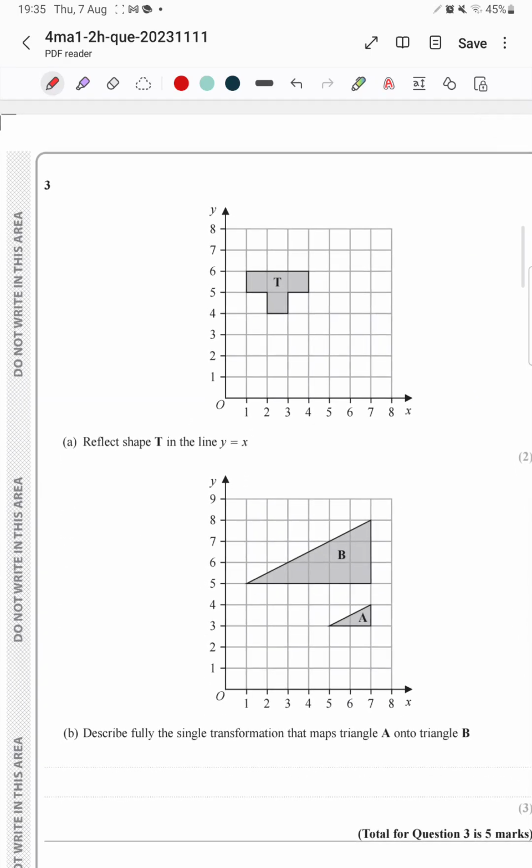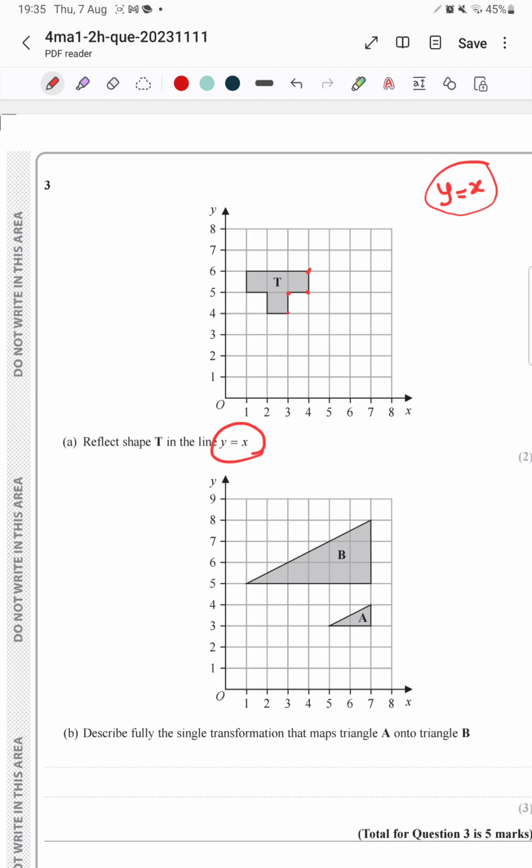This is a quite interesting question here. So we have the question, a shape is given in the form of a T, and we have to reflect it in the line y equals x. Now see, this is a very special line, y equals x. Whenever you have to reflect any shape about the line y equals x, you just need to find out the coordinates of the corner points.